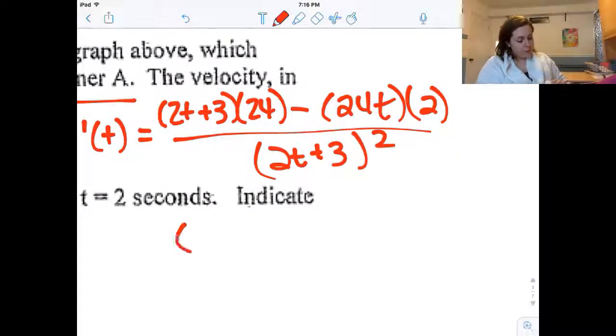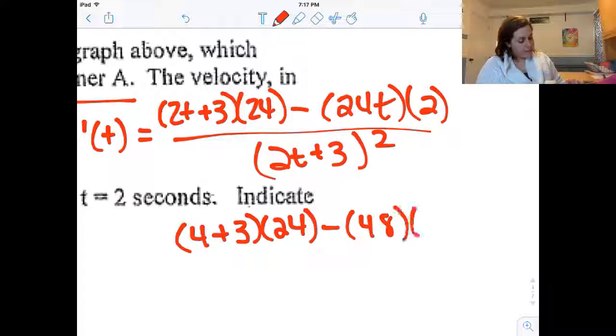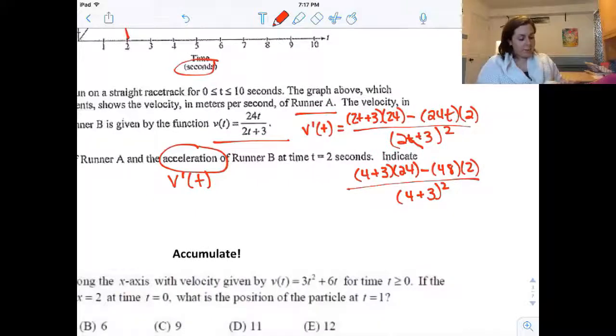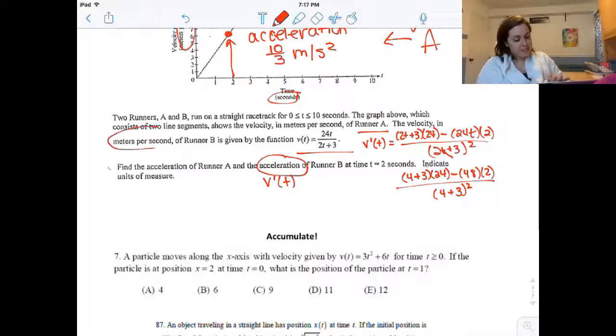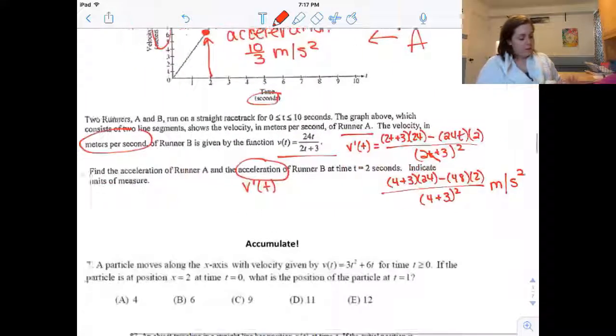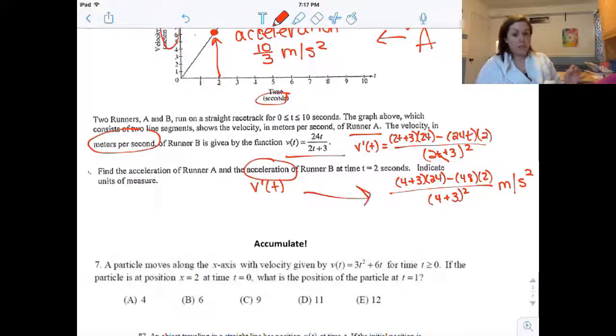So this would be 4 plus 3 times 24 minus 48 times 2, all over 4 plus 3 squared. Leave it alone, unless you have a calculator. Even so, leave it alone. And we're talking about the same units because this is meters per second, and we're talking about seconds. So this is meters per second squared. So this is the velocity of runner B, or acceleration, sorry.